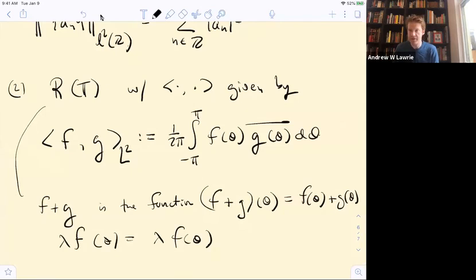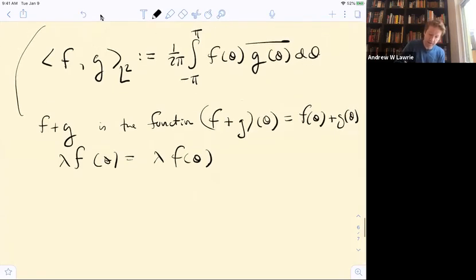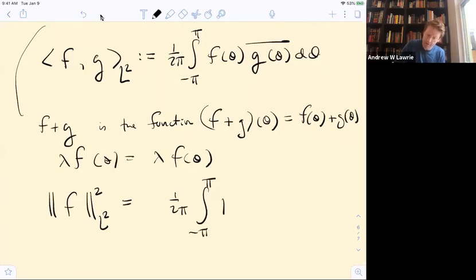So I multiply a function by a complex number, I get another function. I can add two functions pointwise, I get another function. And in this setting, the L2 norm of f squared is equal to 1 over 2 pi, integral from minus pi to pi of f times its complex conjugate, which is the absolute value squared of f, d theta. So this is the L2 norm of a function f.